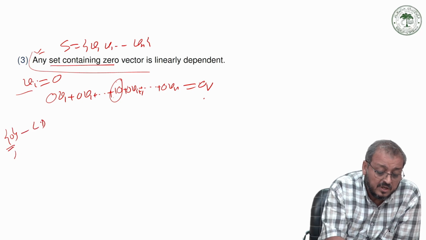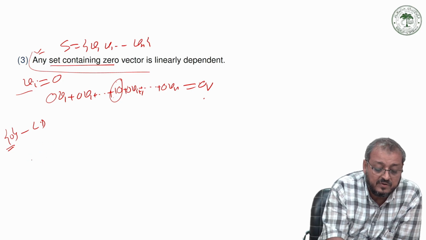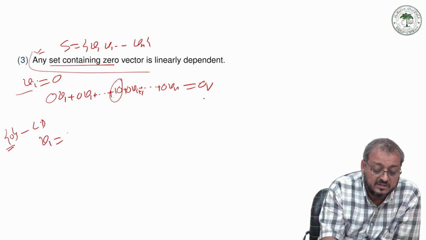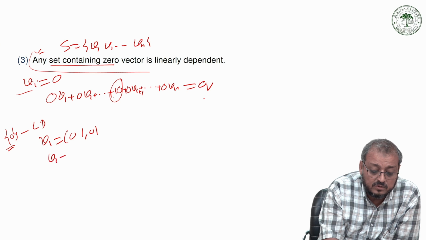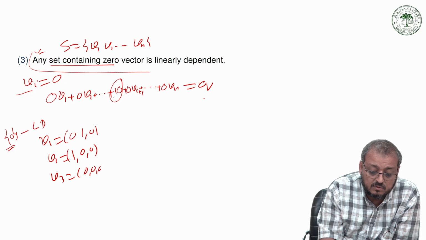And also, take any set which contains a 0 vector. For example, take the set of vectors in R3: V1 is equal to 0 1 0, V2 is equal to 1 0 0, and V3 I take as 0 0 0.